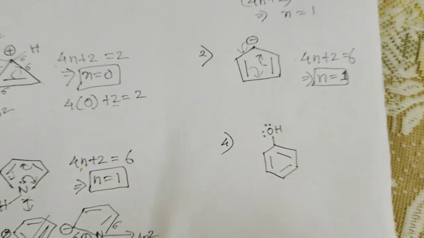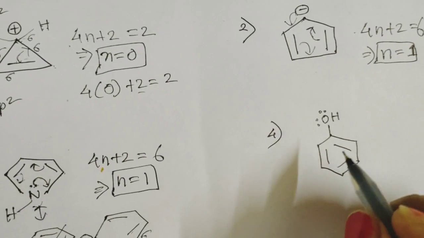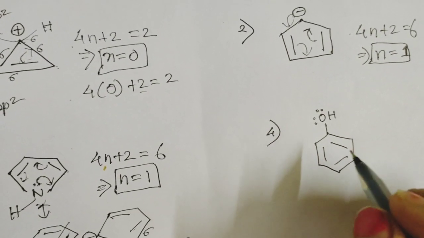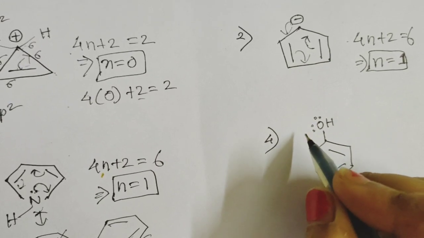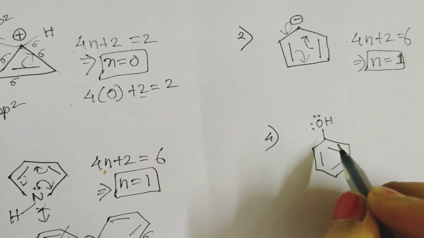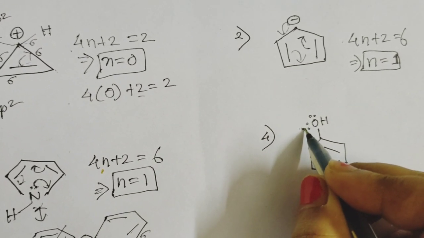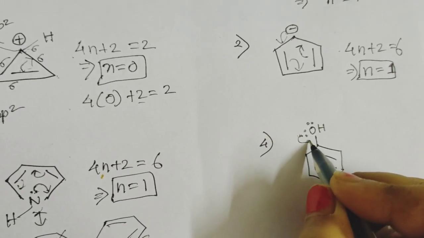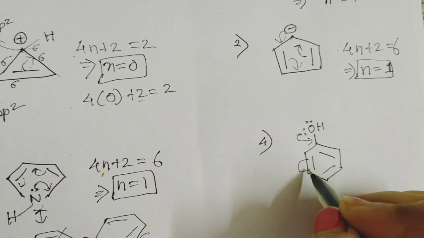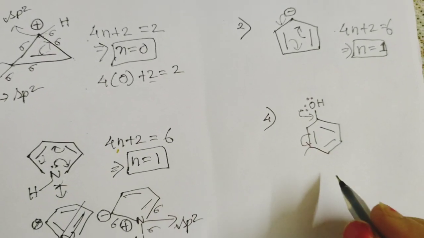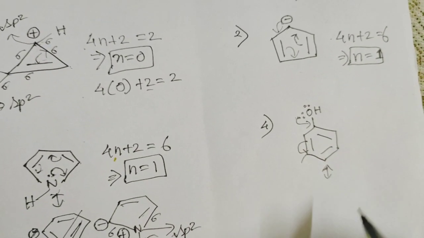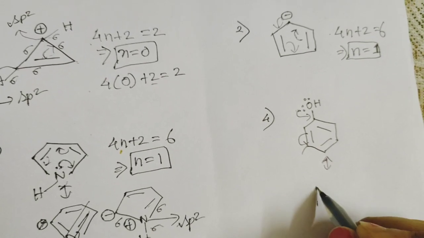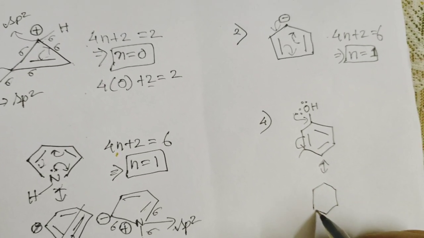Now moving to this compound, a phenol ring. Here see, these lone pairs are in conjugation with the ring. So if we see this, I won't show the full resonance, just a part of it.